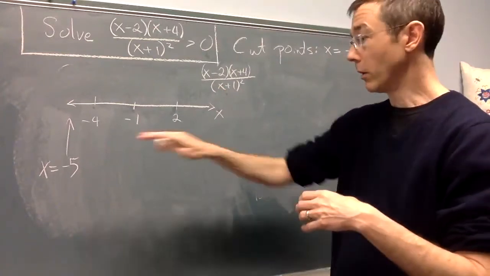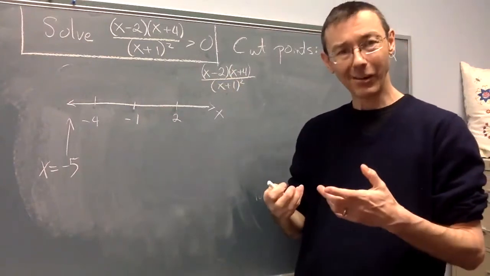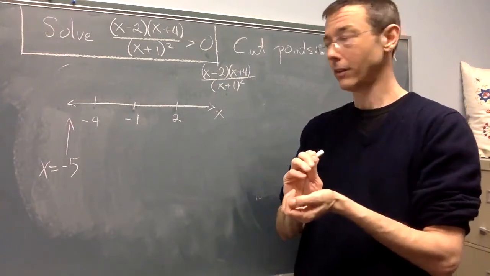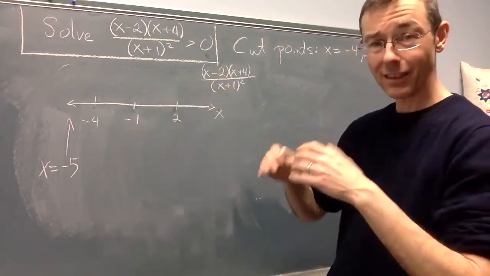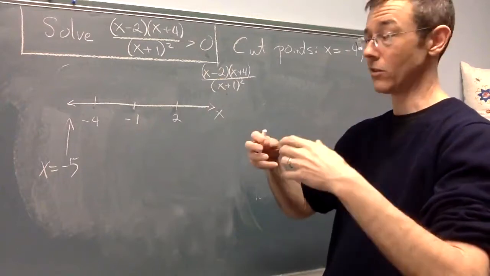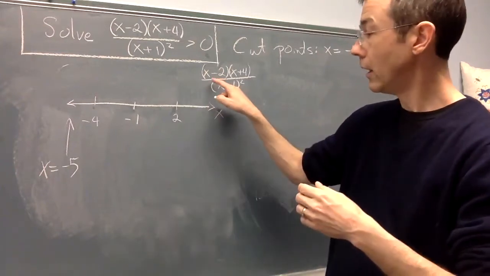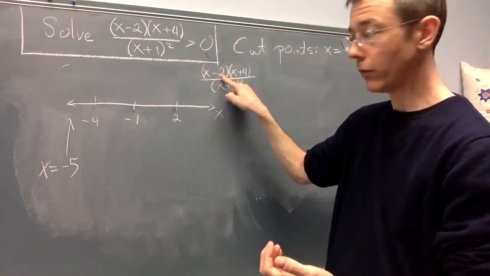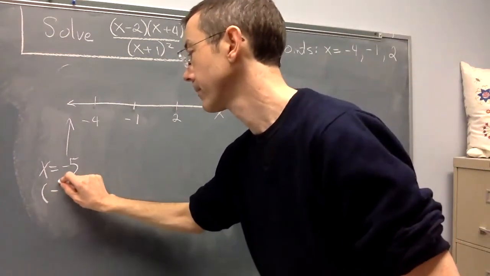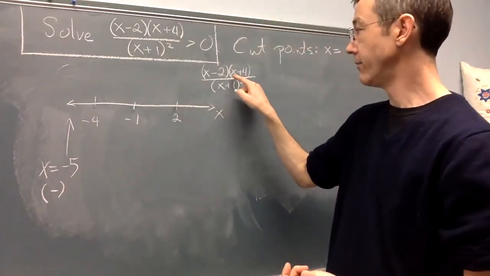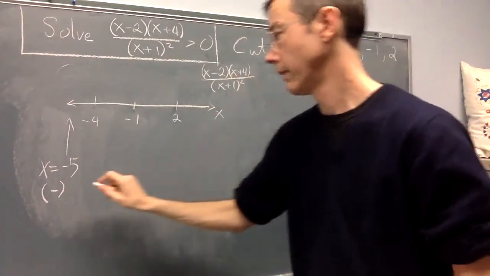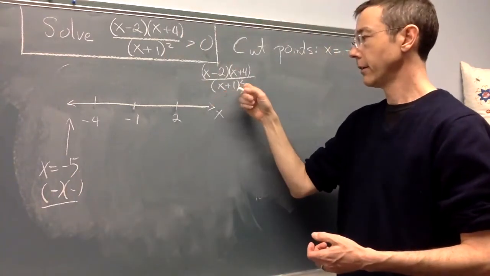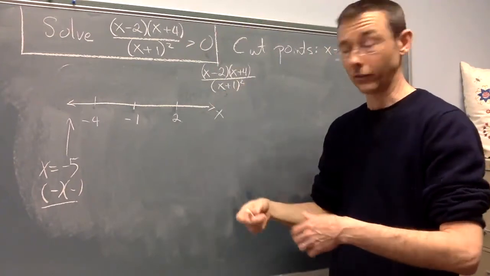Now, I want to plug in, but I don't really care about what the value of the function is. I only care about the plus or the minus. So when I plug in, I'm not going to think in terms of actually computing numbers. I'm just going to think in terms of pluses and minuses. When I plug in x equals -5, -5 minus 2 is negative. -5 plus 4 is also negative. And the denominator, something squared, is always going to be positive.